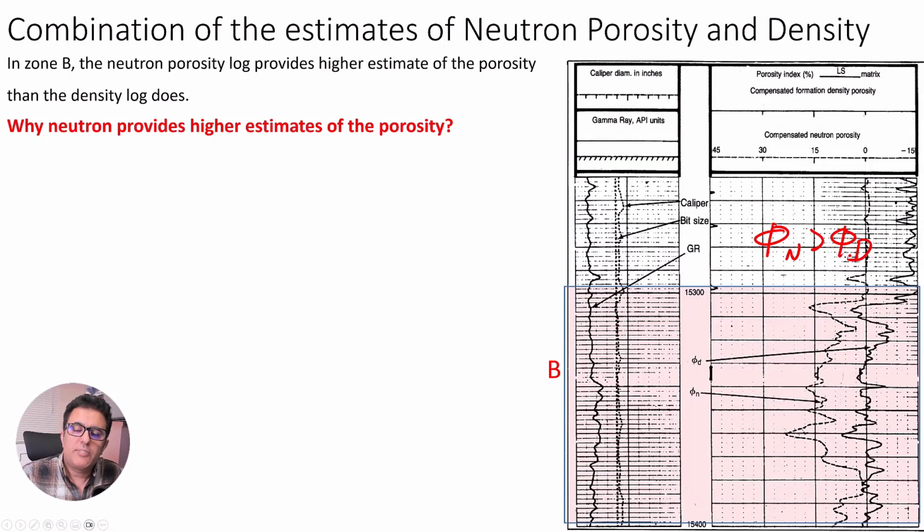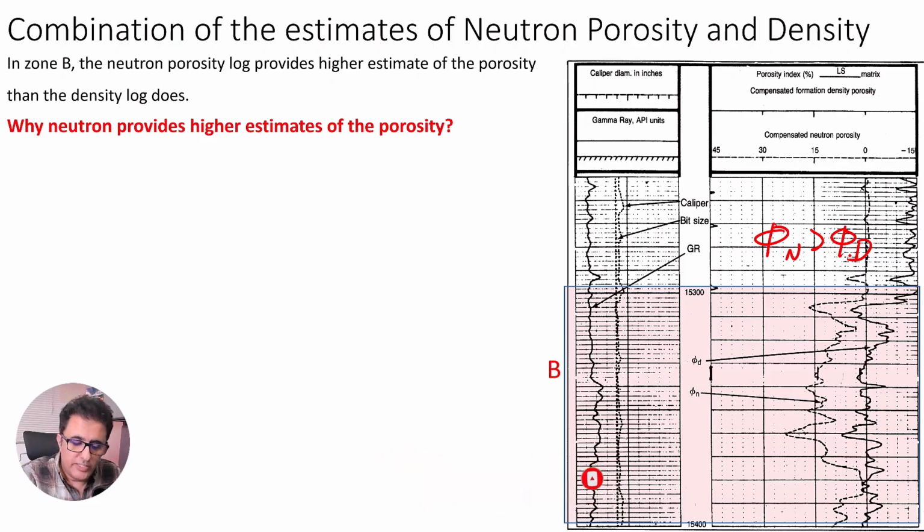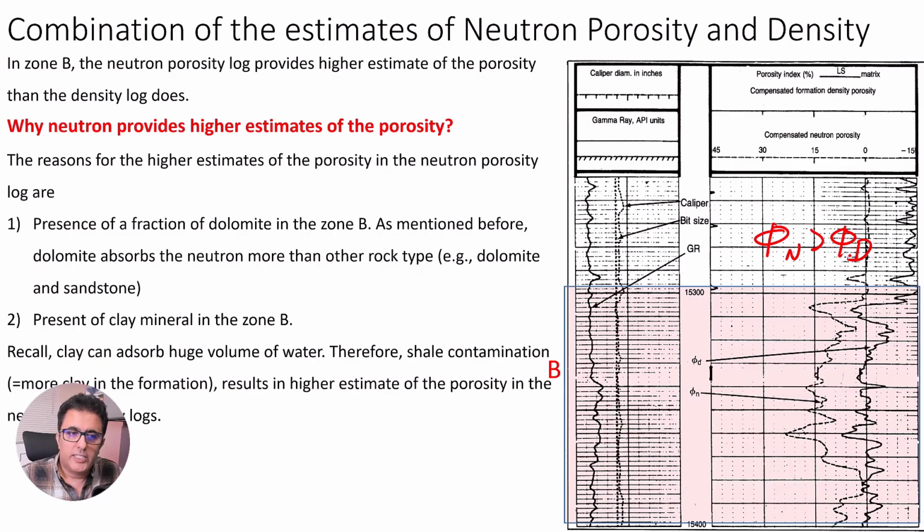And here you may ask me the question, why neutron porosity here overestimates the porosity compared to phi d, or the density log. For this example, there are two explanations. The first reason is that in zone B, the lithology is mostly dolomite, and we know that dolomite more significantly attenuates neutrons.